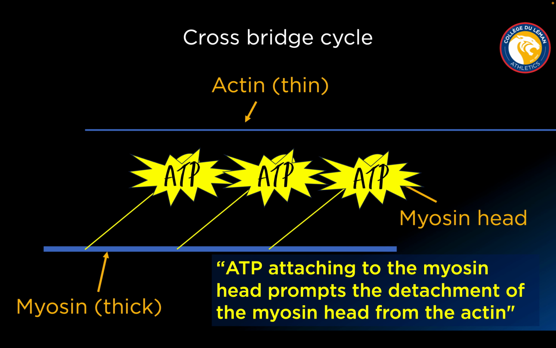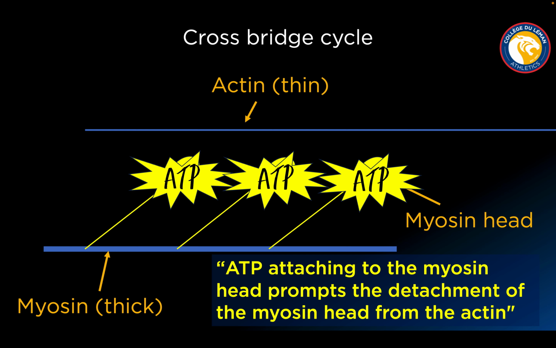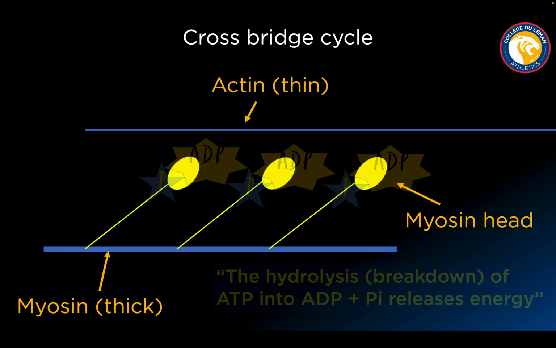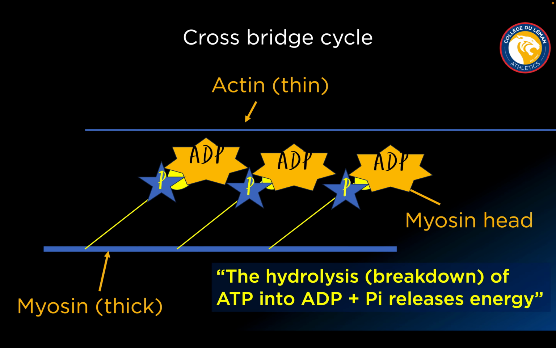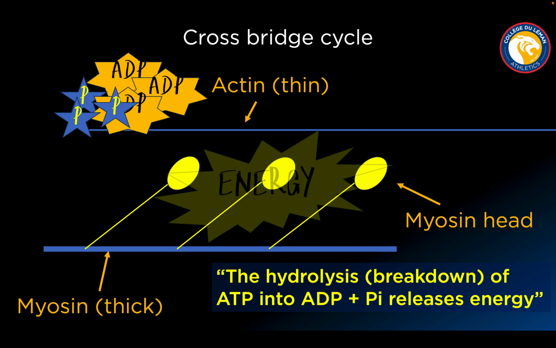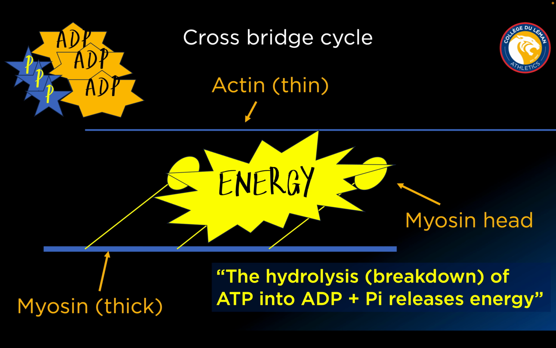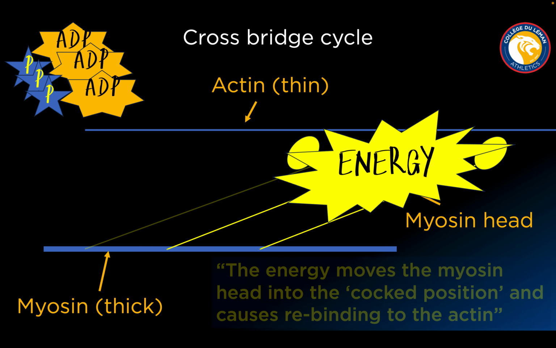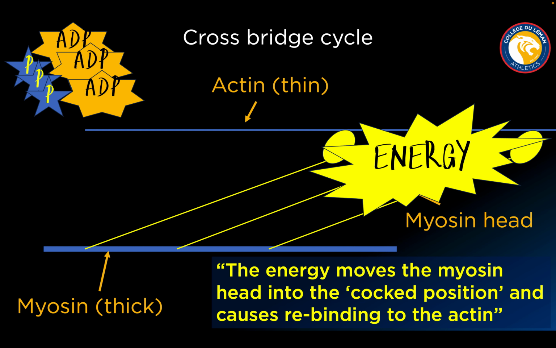So off it gets. Now is time for that ATP to break down into ADP and a phosphate, and that is going to release some energy. We've got our energy, and most of that energy anyway is going to go make those myosin heads go back and reattach to the actin in the cocked position.